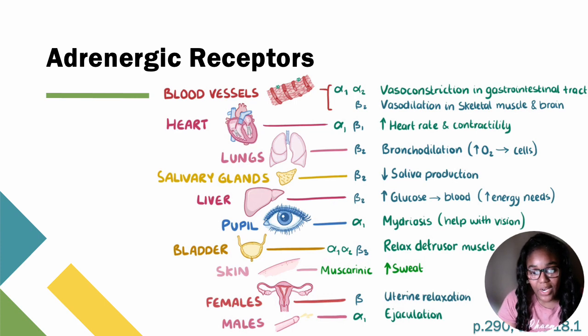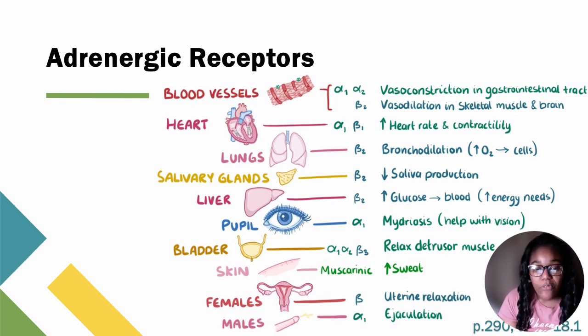So as I've stated earlier, we have catecholamines, and specifically epinephrine and norepinephrine, they rest on receptors. They have to bind to these specific receptors or adrenergic receptors in order to stimulate that sympathetic response. So we have alpha receptors and beta receptors.